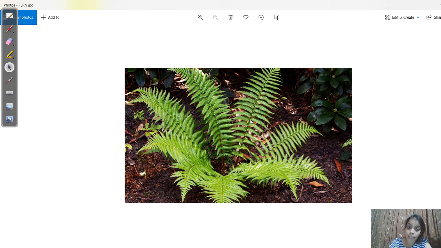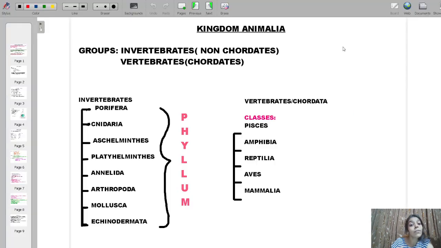Next comes the animal kingdom, which is a very big kingdom because it includes so many organisms. Kingdom Animalia. There are two groups under Kingdom Animalia: invertebrates and vertebrates. Invertebrates are also called non-chordates, and vertebrates are also called chordates.